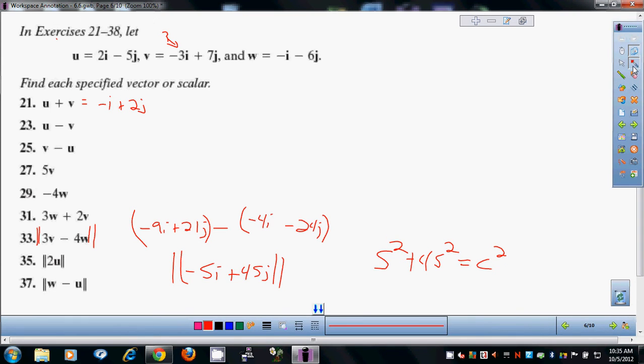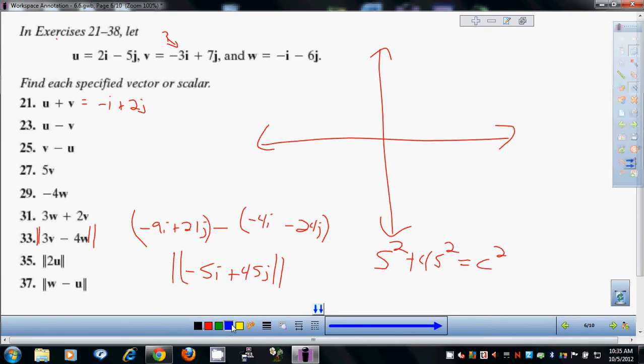Let me get a rough sketch coordinate plane going here. All right, we'll start at the origin. Vector u takes me 2 units right, 1, 2, and 5 units down, 1, 2, 3, 4, 5. Vector v from there, because I'm adding it, when you add vectors, you start where the last one ended, takes me 3 units left, 1, 2, 3, and 7 units up.